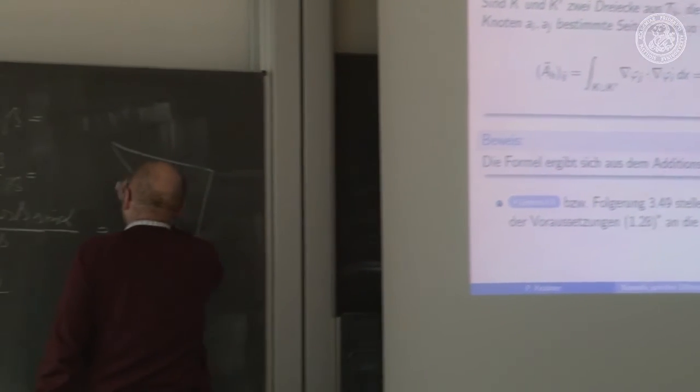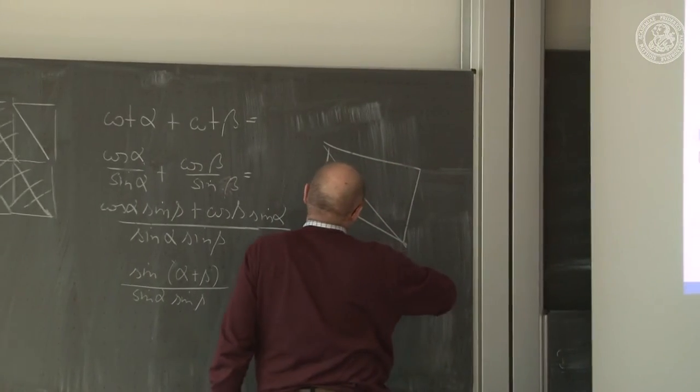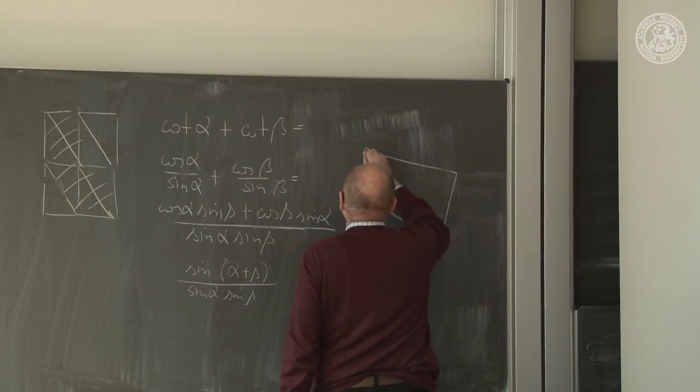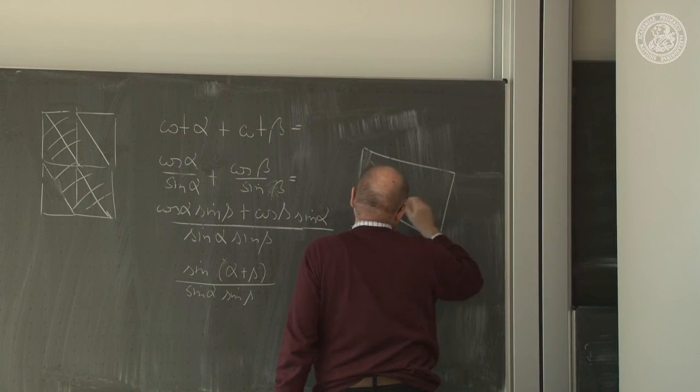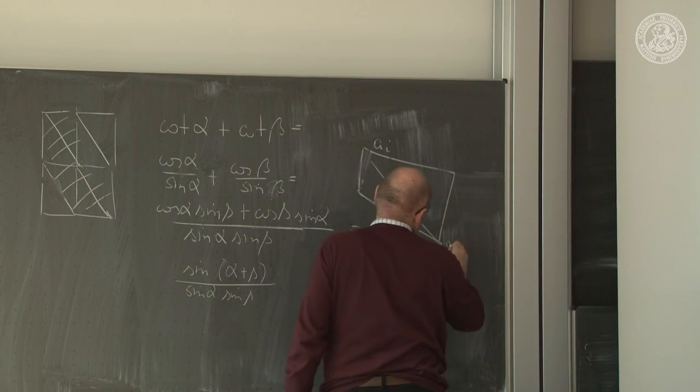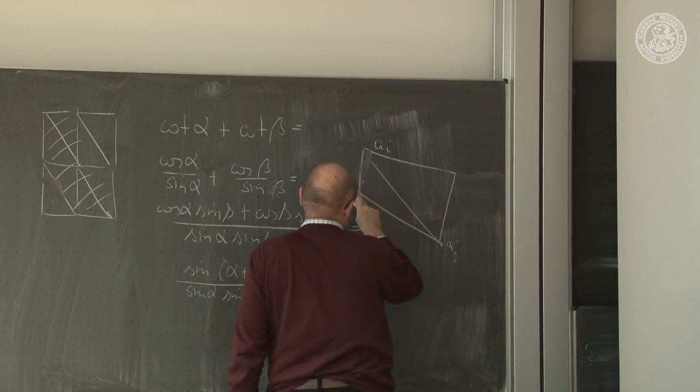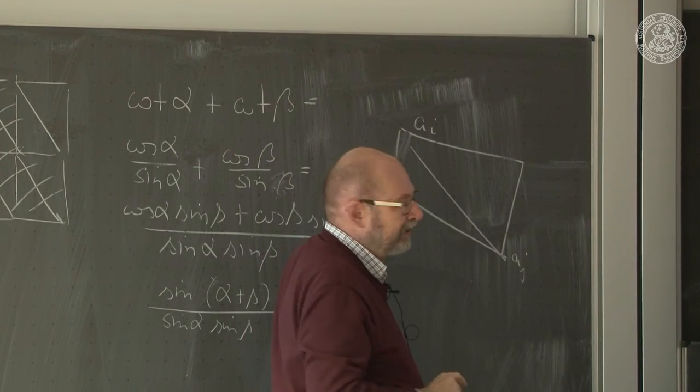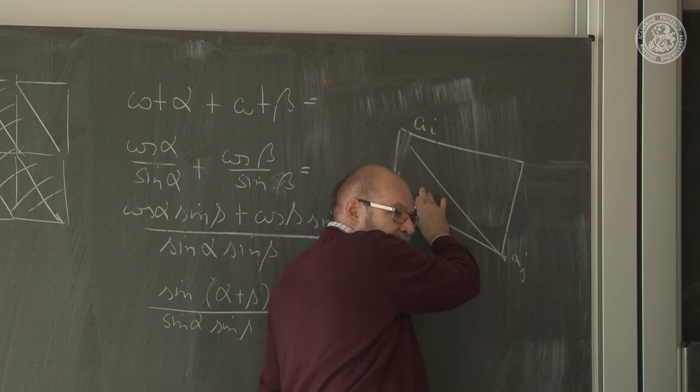So these are the two triangles, with nodes AI, AJ. Here I have a very obtuse angle, so I get a positive contribution from this element.